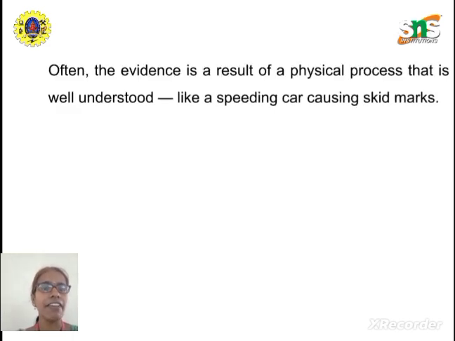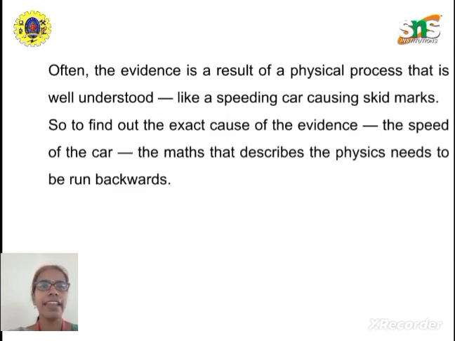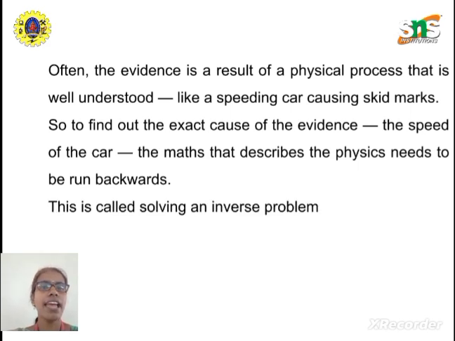Often the evidence is a result of a physical process that should be understood, like a speeding car causing skid marks. To find out the exact cause of this evidence, the speed of the car, the math that describes the physics needs to run backwards. This is called solving an inverse problem. So inversely we are doing the process.